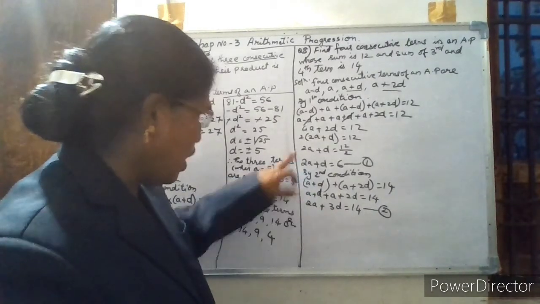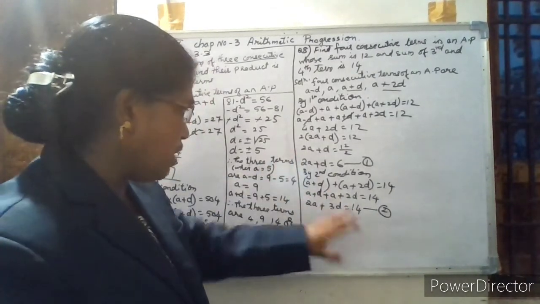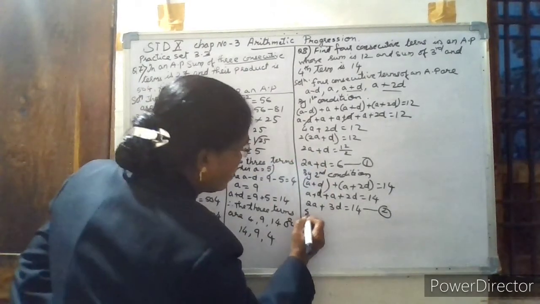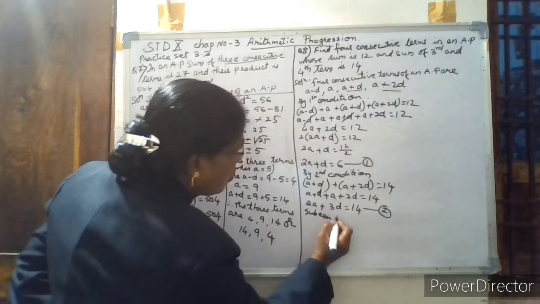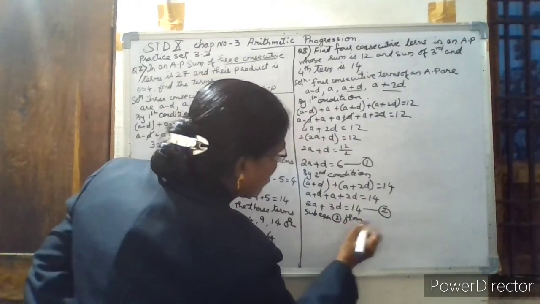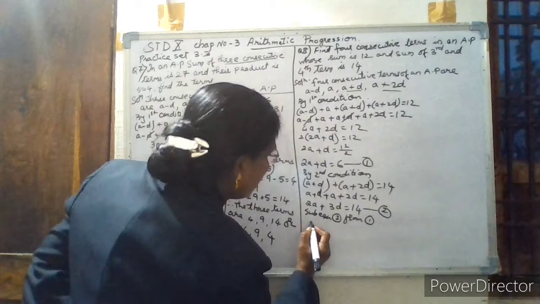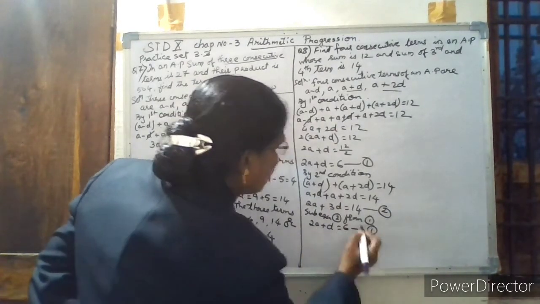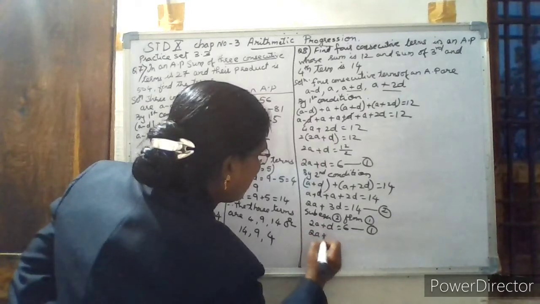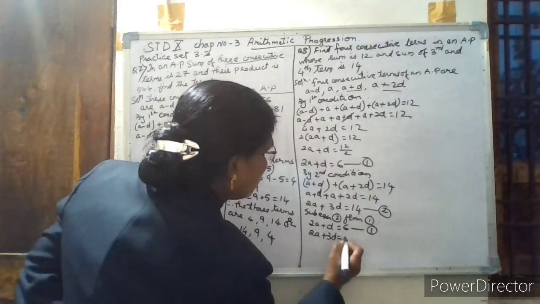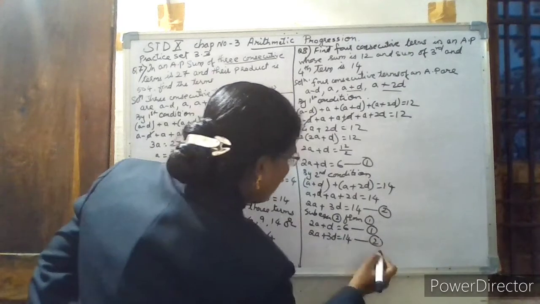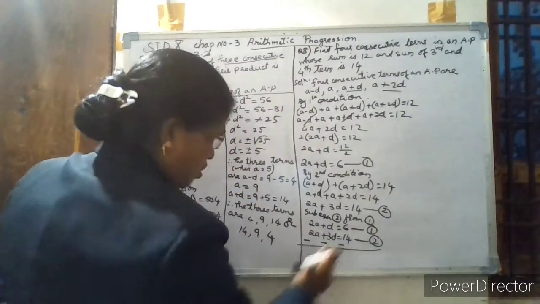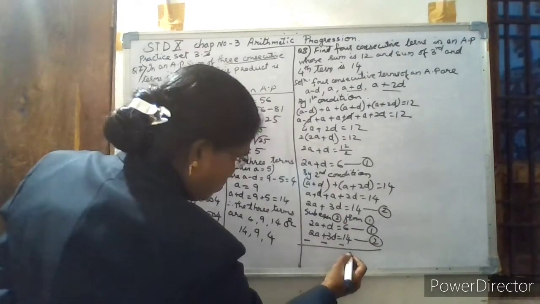So we can subtract equation 2 from 1. Write equation 1, that is 2a plus d is equal to 6. Then 2a plus 3d is equal to 14, equation 2. Subtract, change the sign. So 14 minus 6 is 8.